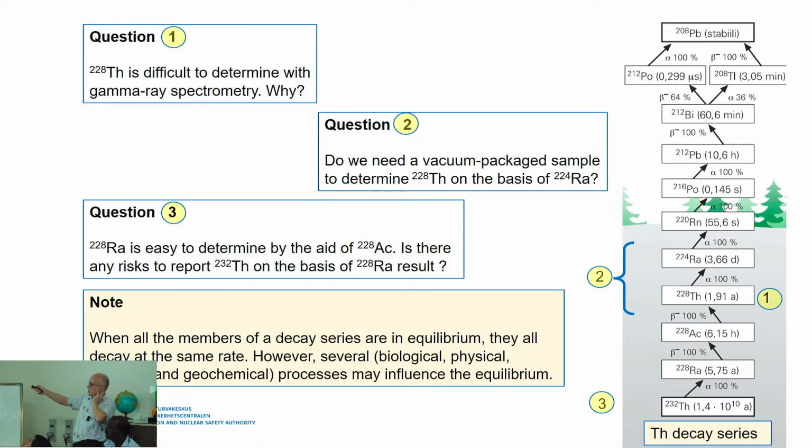This is the thorium decay series, and I have here 3 questions regarding thorium-228. It's difficult to determine by using gamma ray spectrometry. Do you have any ideas why?